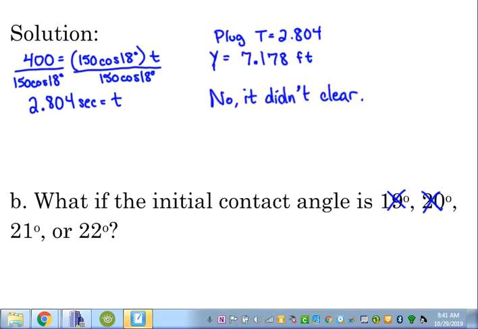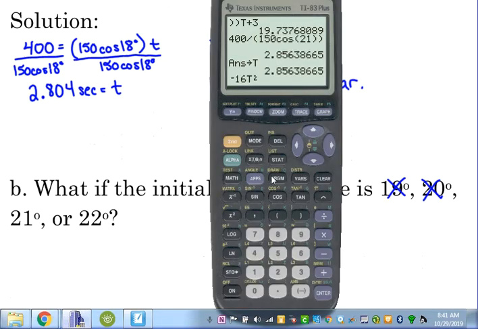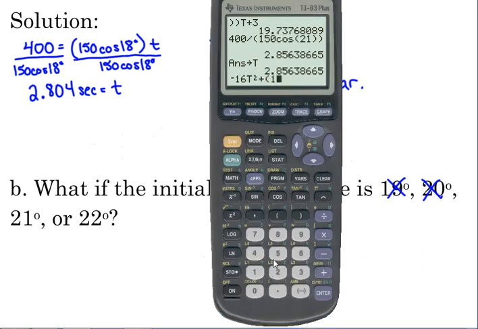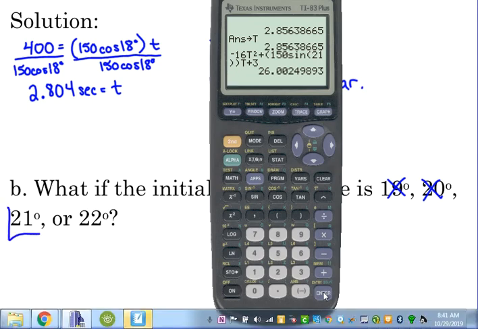Let's see here, where are we at? 16 t squared. Doing 21 degrees times t plus 3. There we go, 26 feet. Finally, at 21 degrees, we have enough to clear the wall.